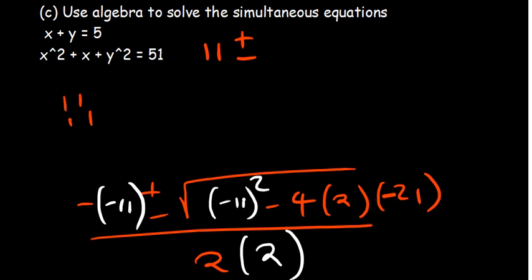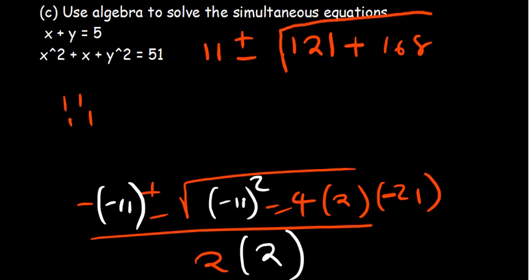So you have 121 minus 4 times 2, which is 8. 8 times 21 is what? 168. So it's a positive value because of a negative and a negative. So 121 plus 168, divided by 4.